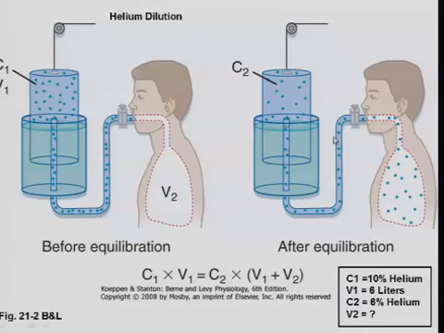Or we can do a total lung volume, or a total lung capacity, if we start at maximal expiration and then open this. Okay, so depending on where we start, we can basically calculate using helium dilution any volume that we need within the lungs, other than residual volume. Okay, we can't measure residual volume.